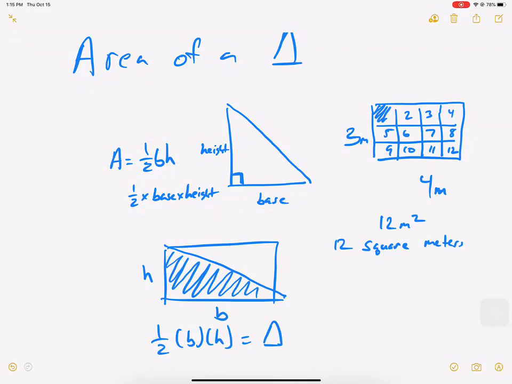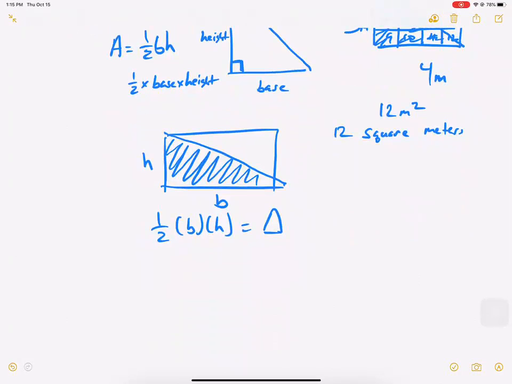And you try this in geometry where you probably cut a rectangle and you start drawing little boxes in, and you realize that some boxes aren't necessarily full, while some are a little bit, and you get partials and you get fulls, and you realize that it's going to be a big mess if I try to count individual squares. So this rule, 1/2 base times height, works really practically.